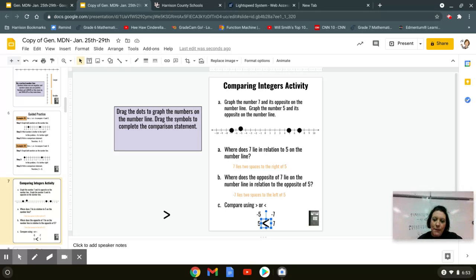So I want you to make that connection that when you're talking about the opposite or negative numbers, what used to be true, 5 is less than 7, now the opposite becomes true. I hope that makes sense.